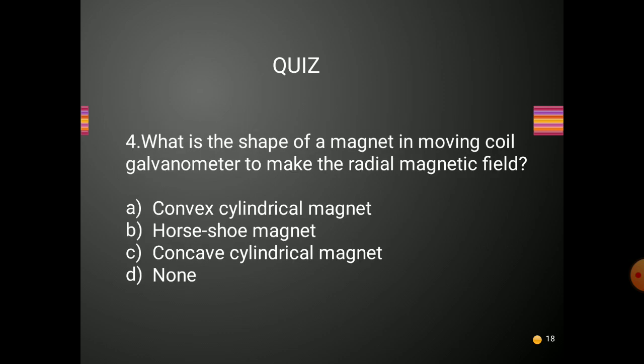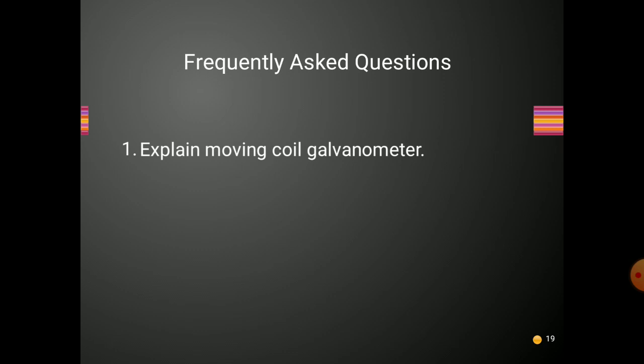What is the shape of the magnet in a moving coil galvanometer to make the radial magnetic field? This we have also seen: is it convex, horseshoe, concave or none of the above? It is concave. To produce a radial magnetic field, we use a concave cylindrical magnet. Here are some frequently asked questions.